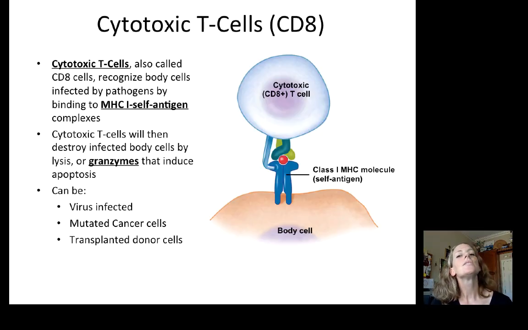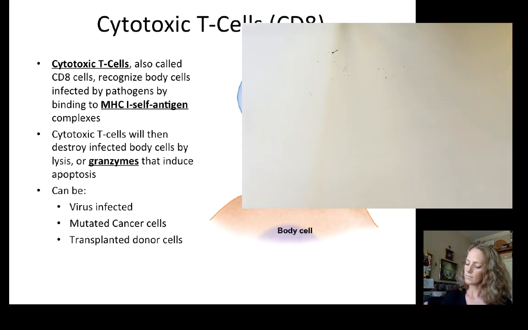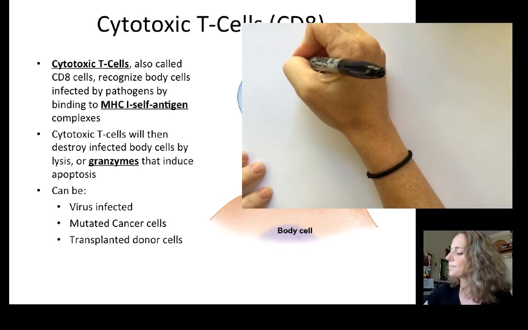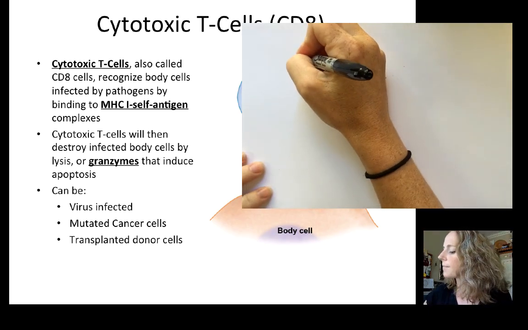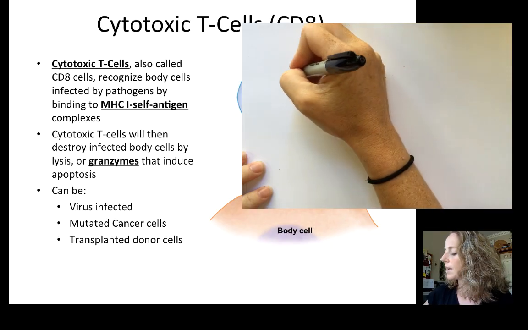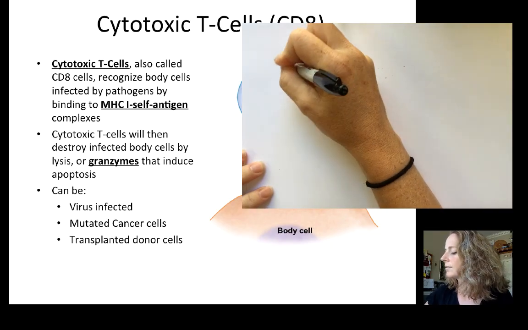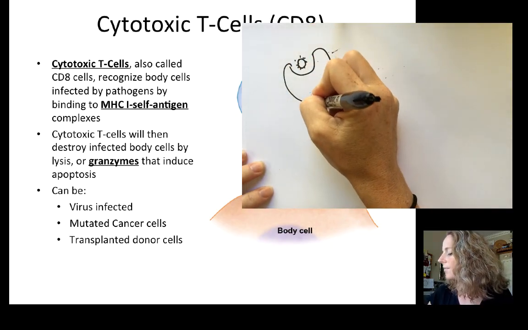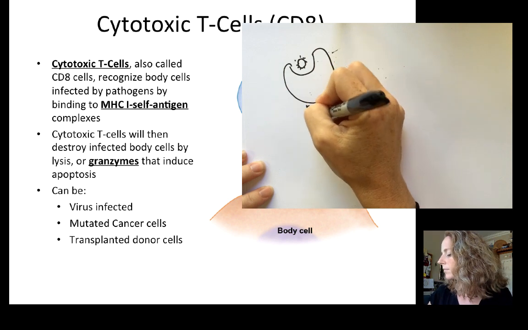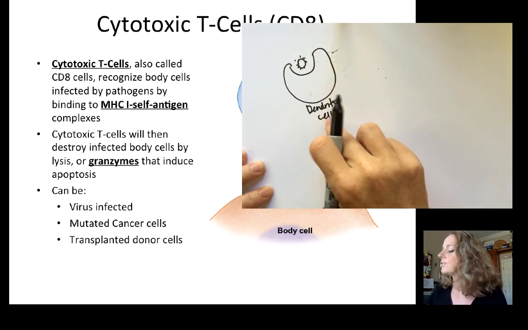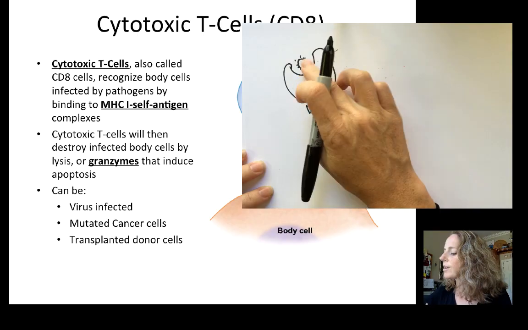Okay, so let's begin to draw this out because it's getting complicated, yes? Okay. You have a bacteria. That bacteria is engulfed by a dendritic cell. It is the dendritic cell's job to find foreign invaders.